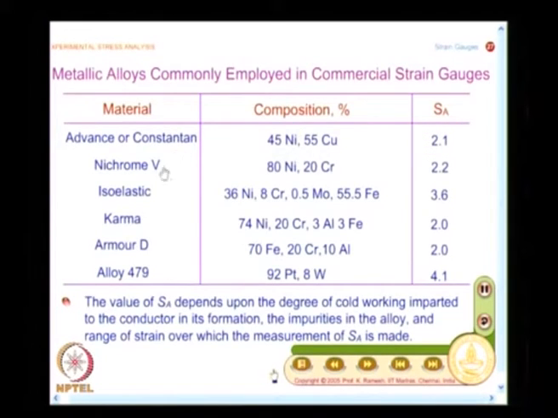Then you have a list: nichrome V, isoelastic, Karma, Armour D, and alloy 479, and these are for various applications.